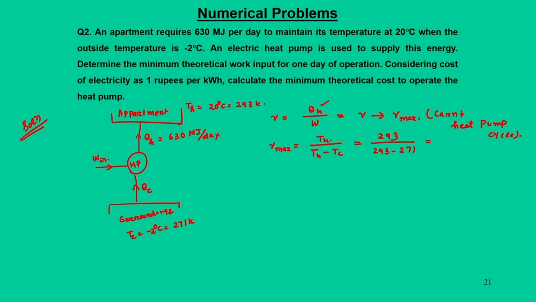So, gamma max is now 13.3, and when we have this gamma max, we can say your gamma must be 13.3, for which we have the minimum work input.